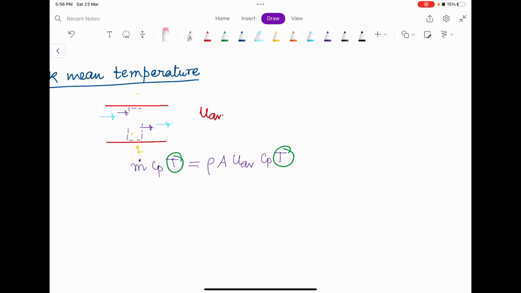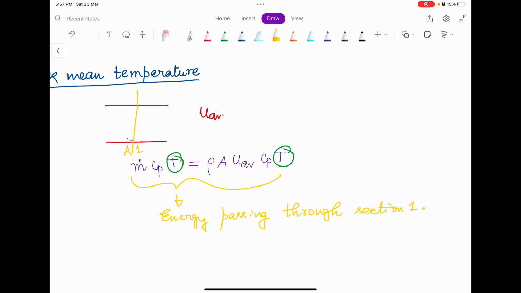So just for the time being, you take a section, not the control volume, passing through section 1, having a cross sectional area A. This is the energy passing through section 1. So let me write it: energy passing through section 1.